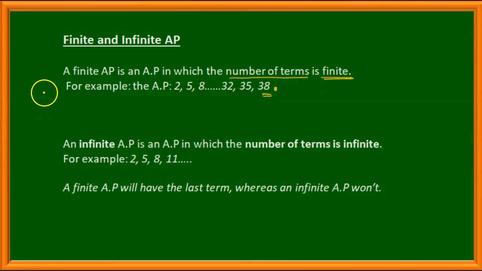In the same way, an infinite AP has an infinite number of terms. For example, if there are dotted lines, it means it never ends, there is no last term. So a finite AP will have a last term, whereas an infinite AP does not have any last term.